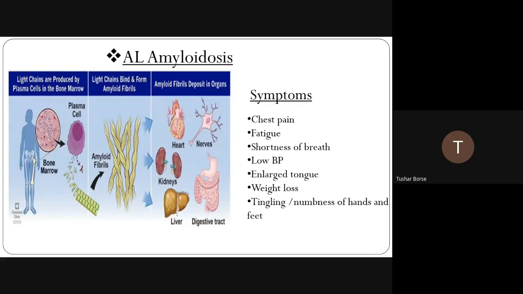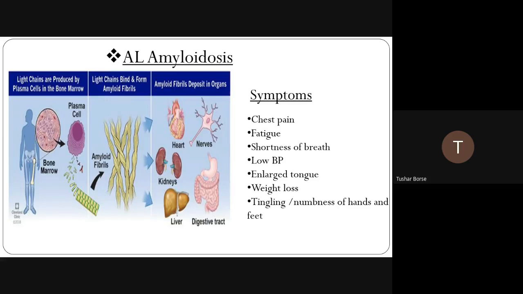So what happens in amyloid patients? The plasma cells produce an abnormal antibody protein, that is an abnormal light chain protein, and the light chain misfolds and becomes abnormal, which results in the formation of amyloid fibrils. You can see in the image the bone marrow produces plasma cells, but the light chain misfolds, becomes abnormal, and forms amyloid fibrils, and these fibrils get deposited in various organs: heart, nerves, kidneys, liver.